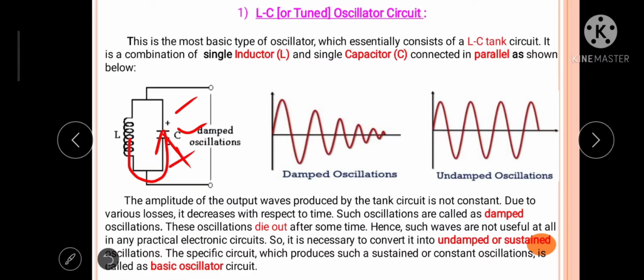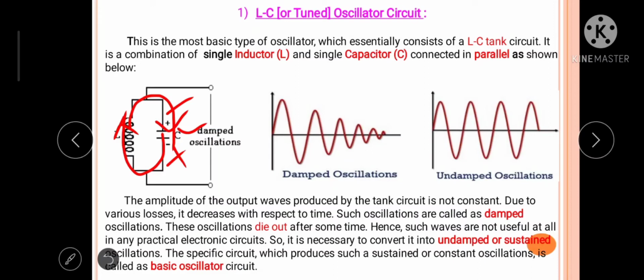Now again in the next cycle, the energy stored in the capacitor will get discharged through this inductor, and later on again it will charge the capacitor in its opposite polarity as compared to the initial polarity.